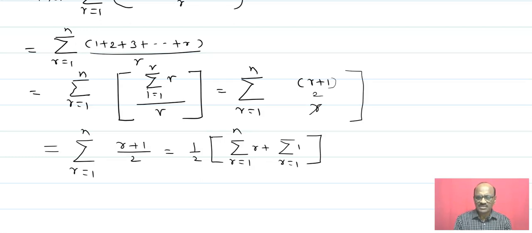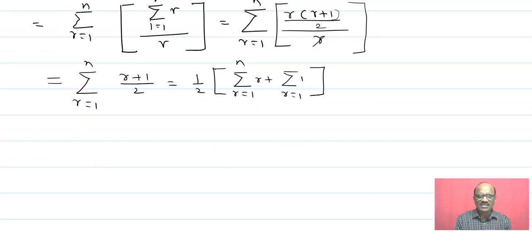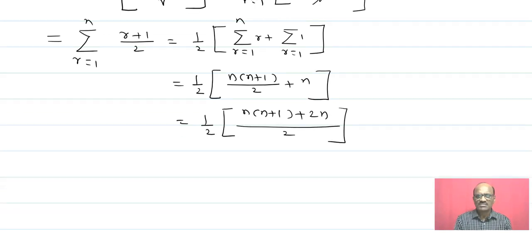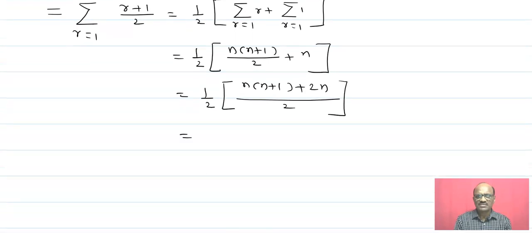Now substitute the values, that is equals to 1 upon 2 in square bracket summation of the r is n into n plus 1 upon 2 plus n, bracket complete, and that is multiplication 1 upon 2 of n into n plus 1 plus 2n upon 2, and that's why you will get n into n plus 1 plus 2n upon 4.